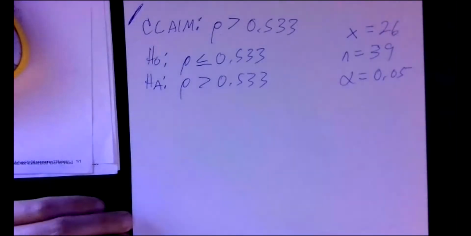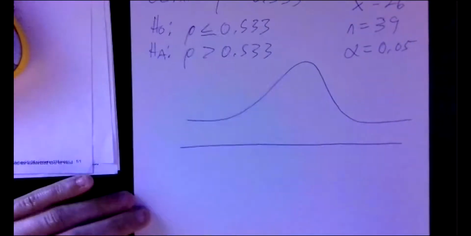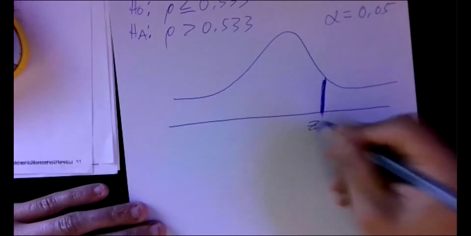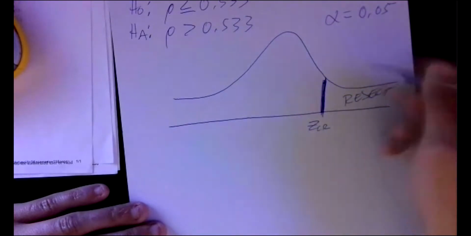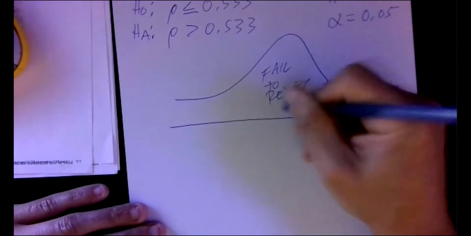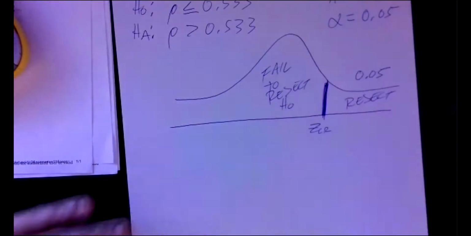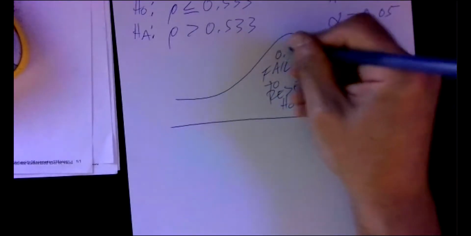Okay, since we're talking about proportion, we're going to use z. This is greater than, which means that this is a right-tailed test. Now, we need to know the z value that separates the rejection region from the fail to reject. The alpha value is 0.05, which means the area to the left is 0.95.